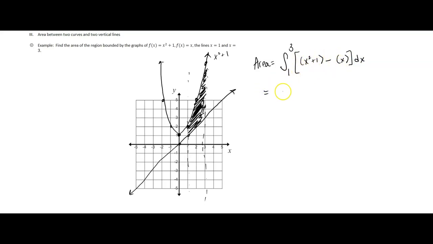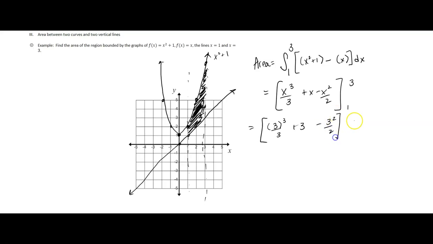It's just going to use the power rule, so we'll have x cubed over 3 plus x minus x squared over 2, and that's all going to go from x equals 1 to x equals 3. So I'll have 3 cubed over 3 plus 3 minus 3 squared over 2. And then I'm going to subtract 1 cubed over 3 plus 1 minus 1 squared over 2.